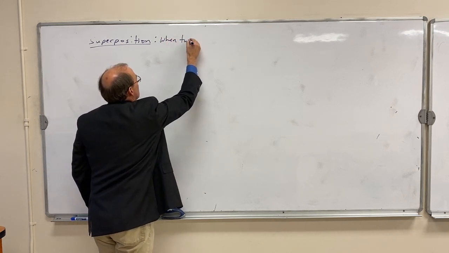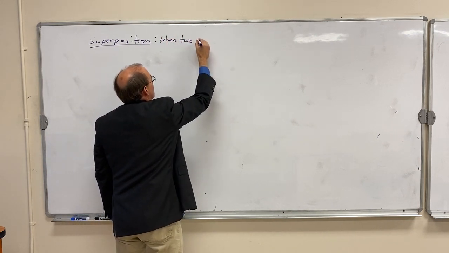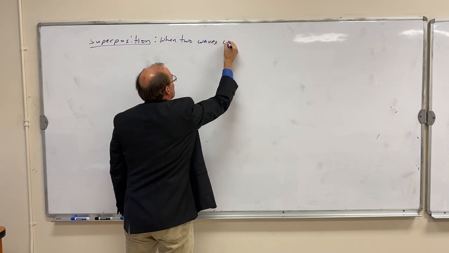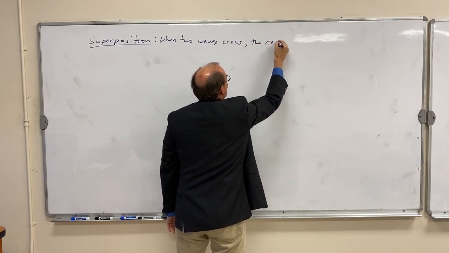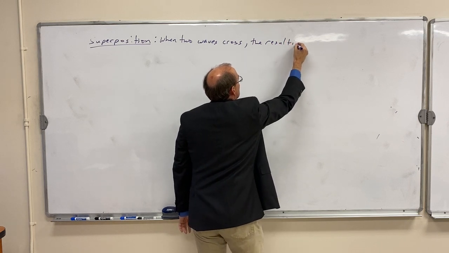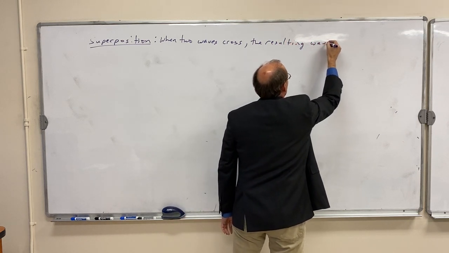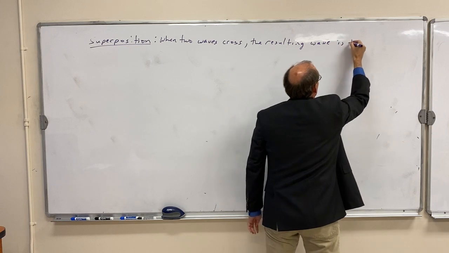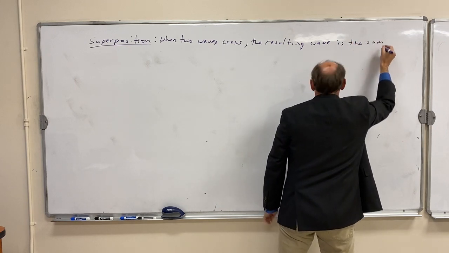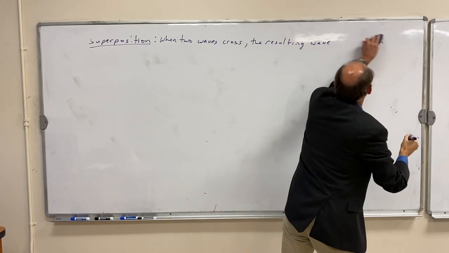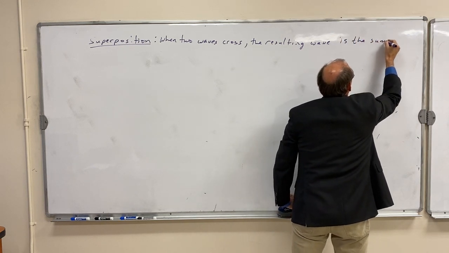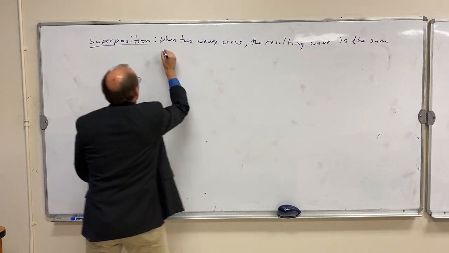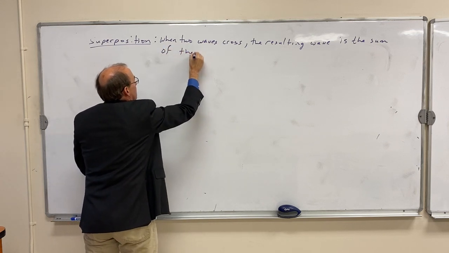When two or more, I'll just say two, waves cross, the resulting wave is the sum of the individual waves.